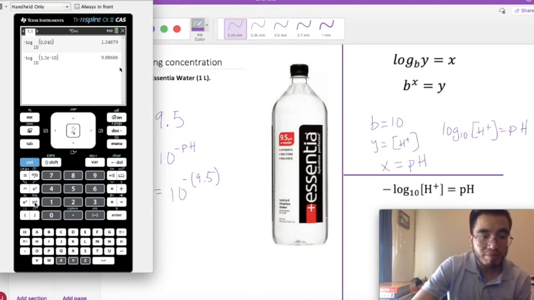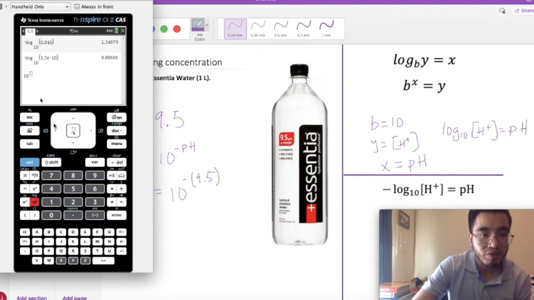Yours is probably the opposite. You probably have log, and if you look in a different color, you'll see 10 to the X. So pick 10 to the X. The way you're probably going to do it is press second, then log, and it's going to give you 10 to the X. I only have to press it because my regular key will just give me 10 to the X.